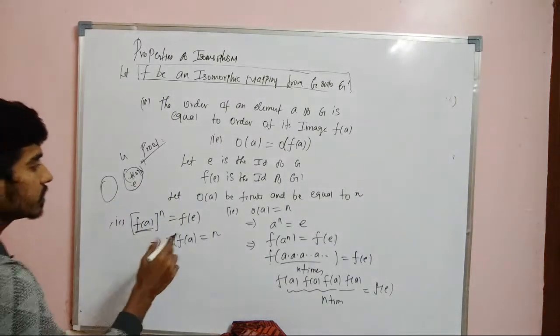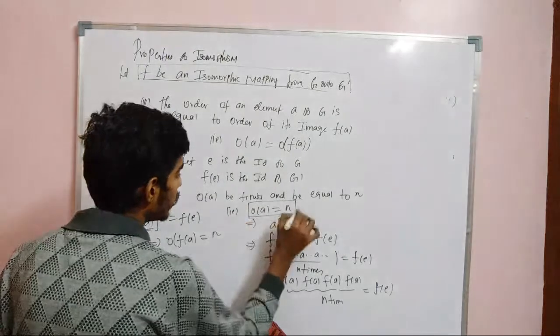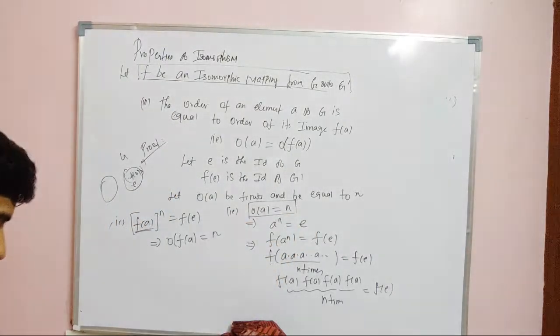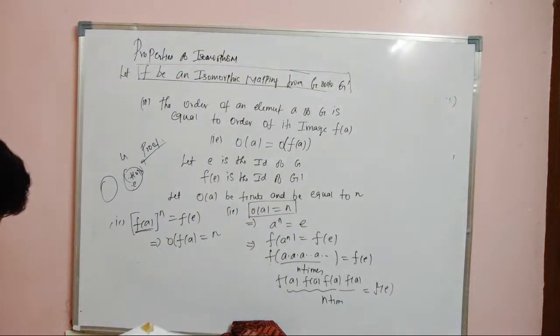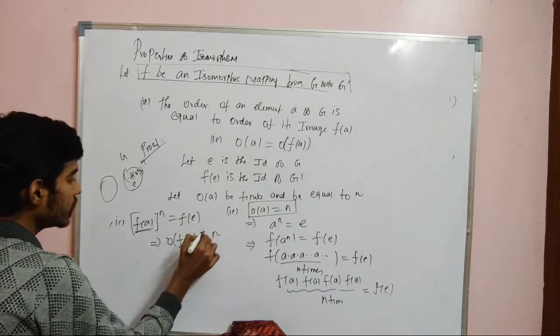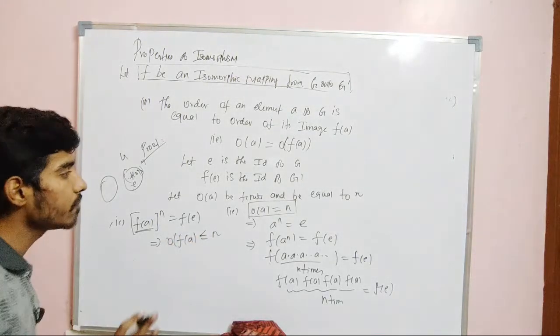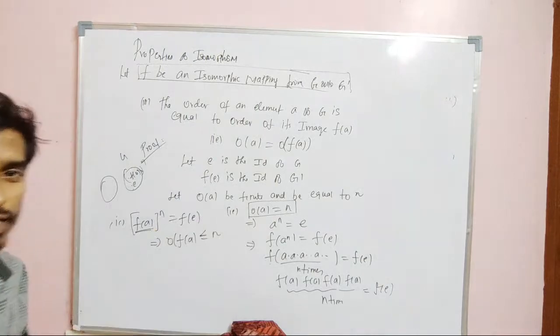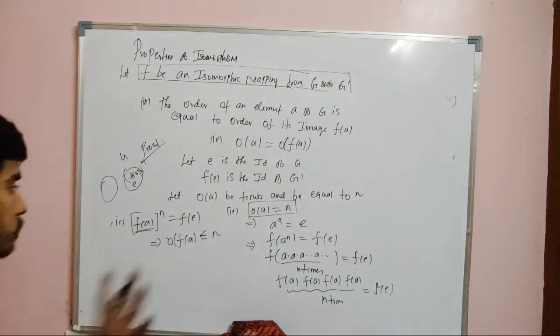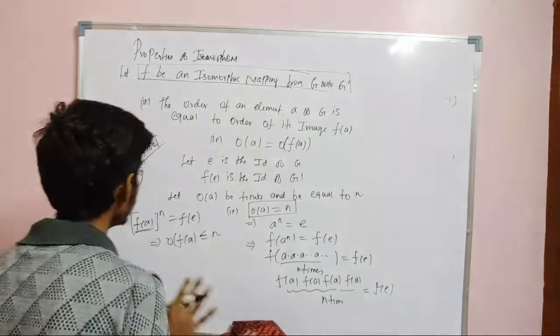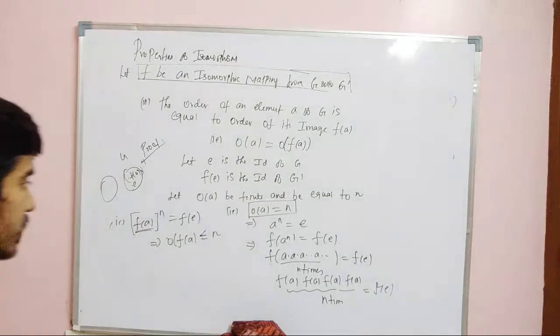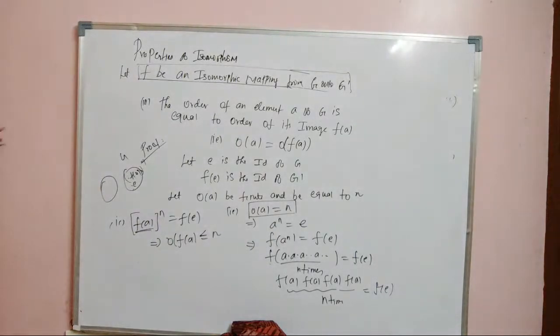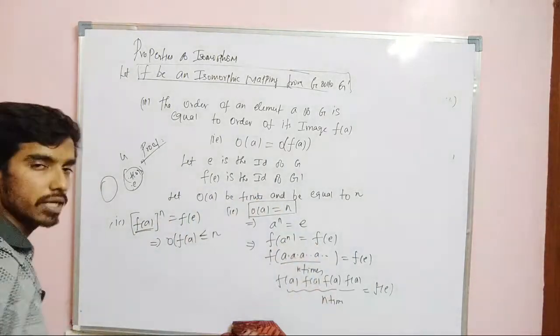Therefore, we started with order of a equal to n, and we have proved that order of f of a is also equal to n. Actually we cannot say it is equal to n, it will be less than or equal to n. If n is the least positive integer, it will be equal to n.